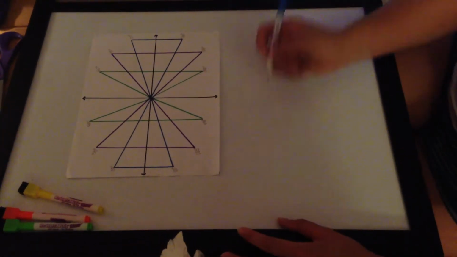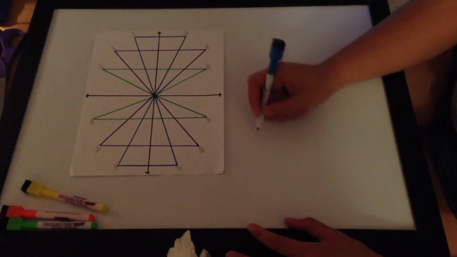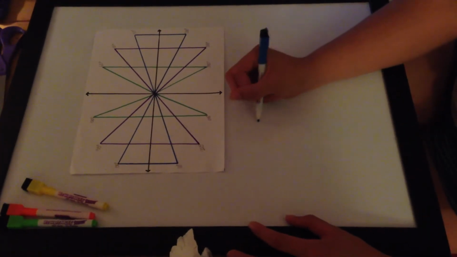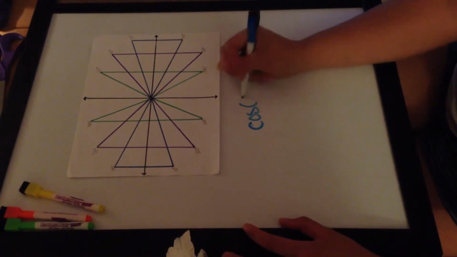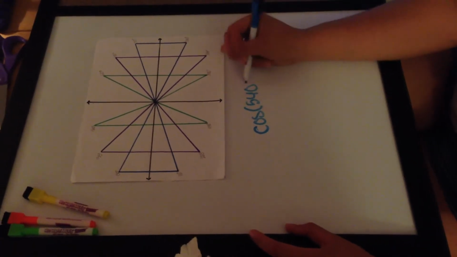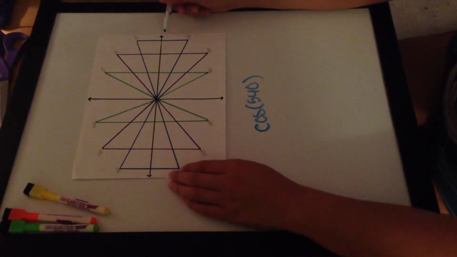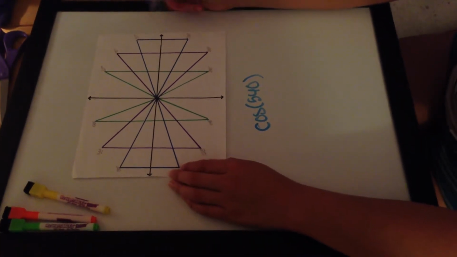Okay. For our next one, we might have to do a bit of math, is the cosine of 540. So as you can see, this is over 360, which is right here.